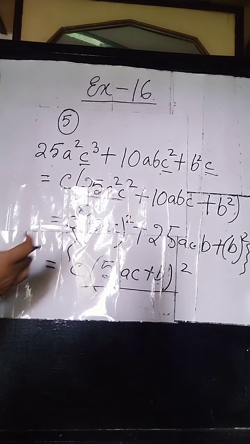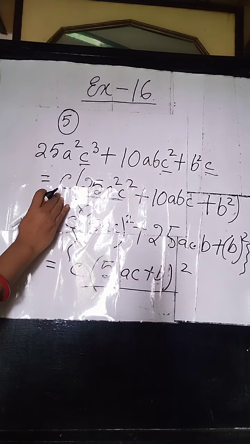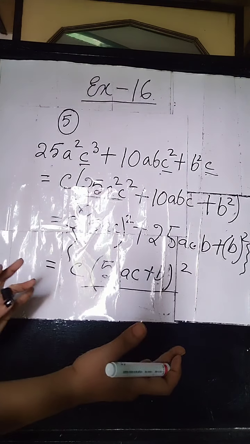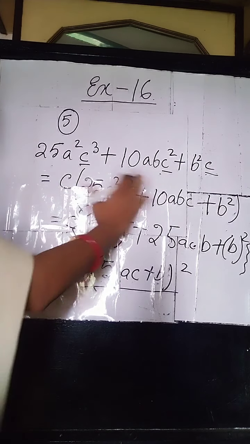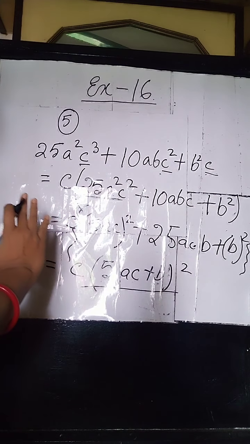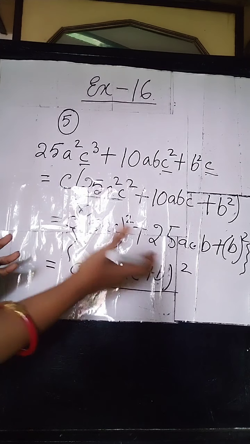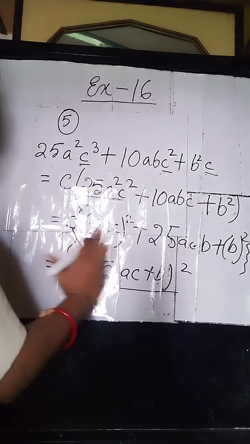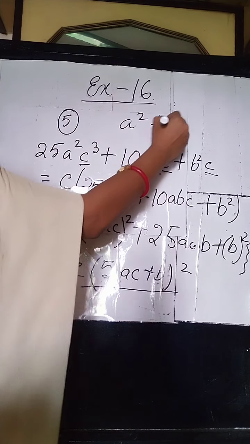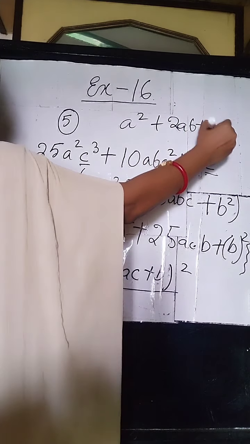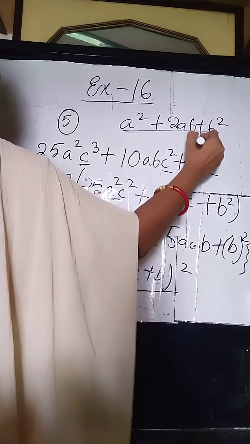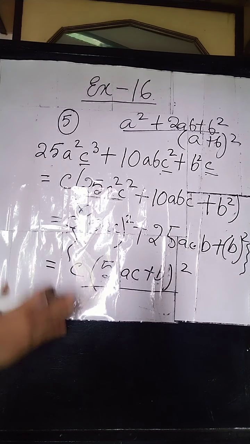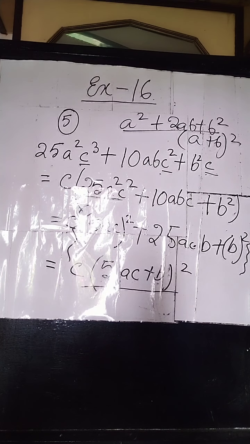C will be a common factor which is placed outside the bracket, and inside the bracket we will just solve the sum, arrange it like a square plus 2ab plus b square to derive a plus b whole square. So we have arranged the sum in the form of a square plus 2ab plus b square to get a plus b whole square, keeping c as a common factor outside the bracket.